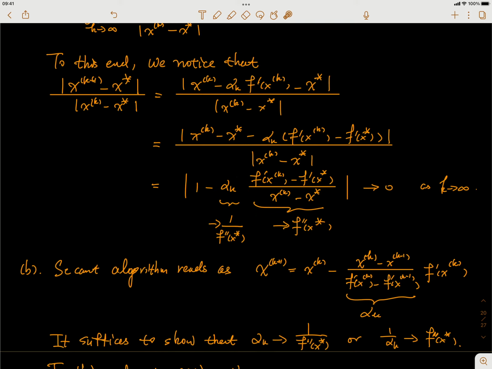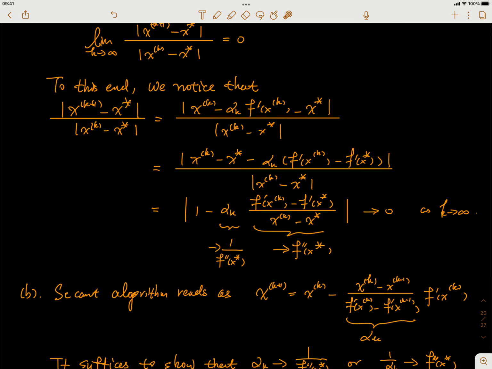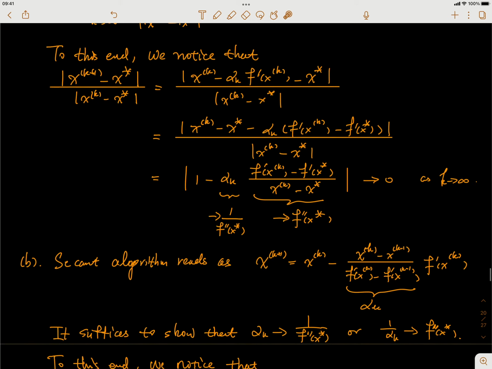So the product of them has a limit of 1, and that makes the whole thing have a limit 0. Okay, so that's how we prove that this goes to 0, and this proves the first part, part A, showing that the convergence order is at least 1.